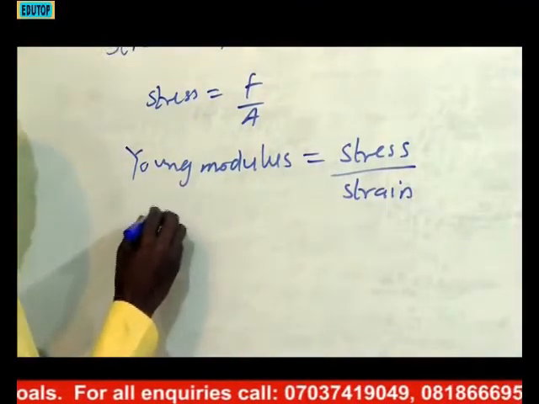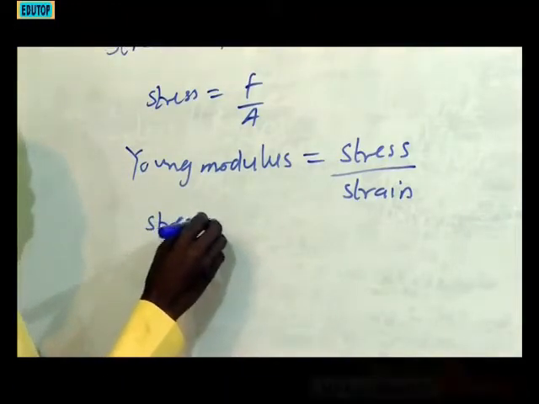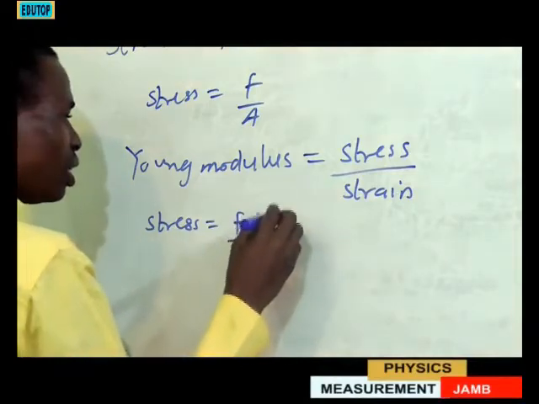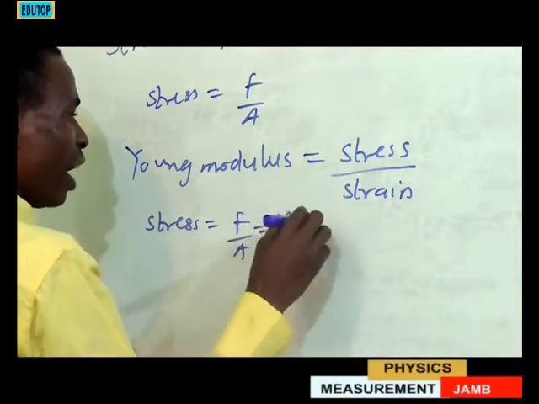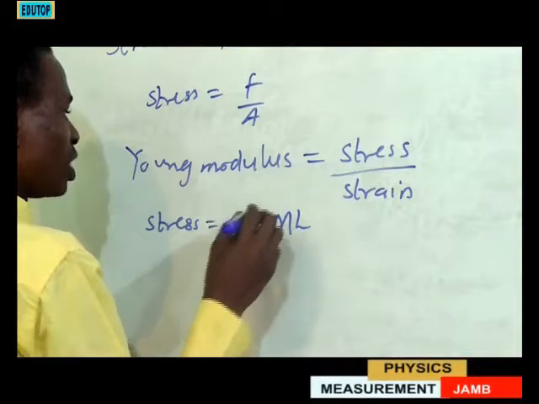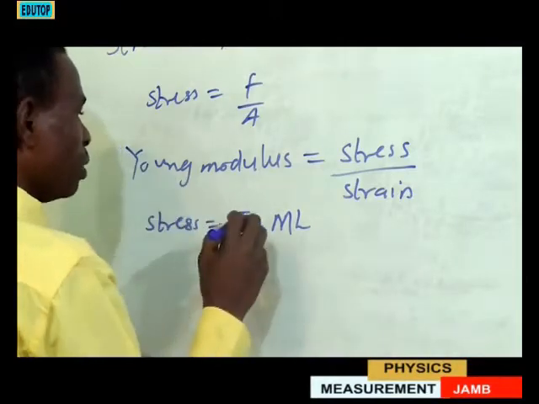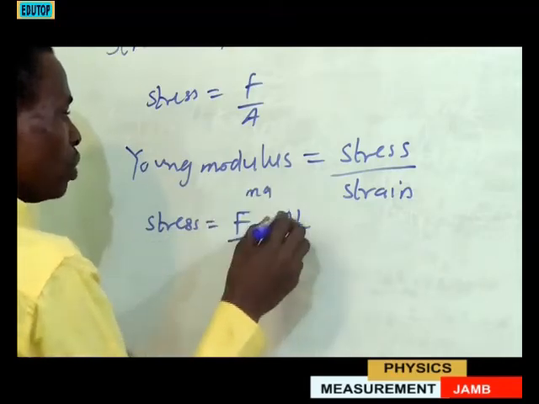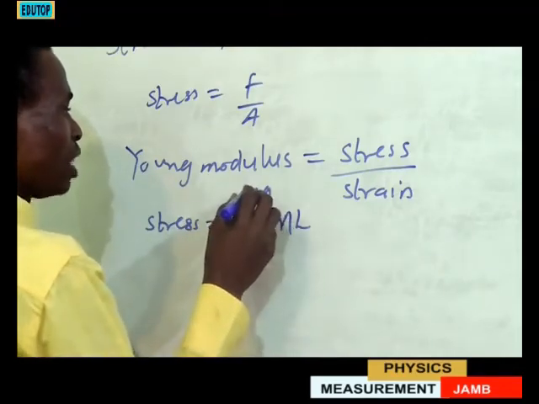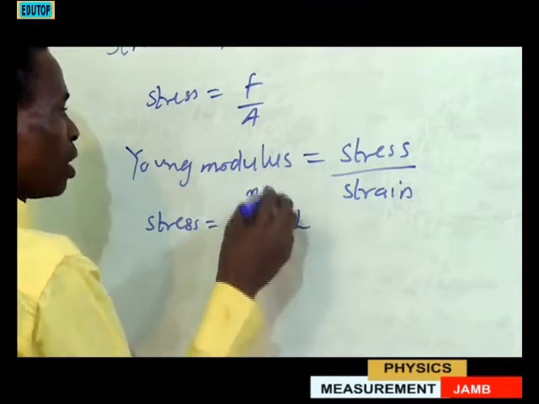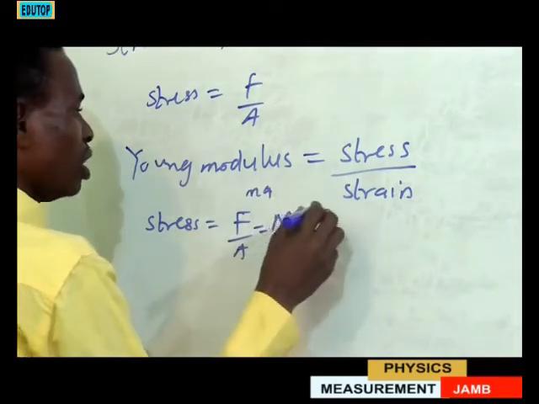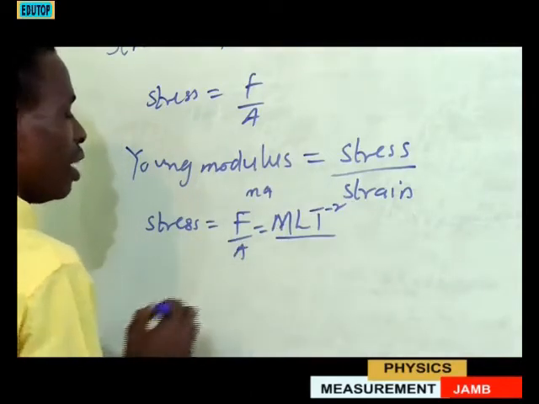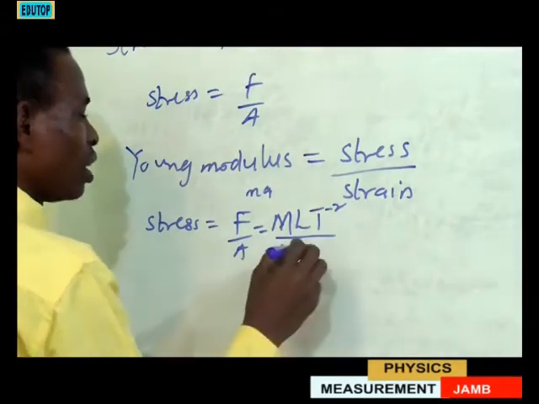For stress, let's take it once again. I said it's force over area, and for force, the dimension is M, L. For force, you remember, force is MA, and the dimension of mass is capital M. The dimension of acceleration is LT raised to the power minus 2, divided by area, and the area is what?